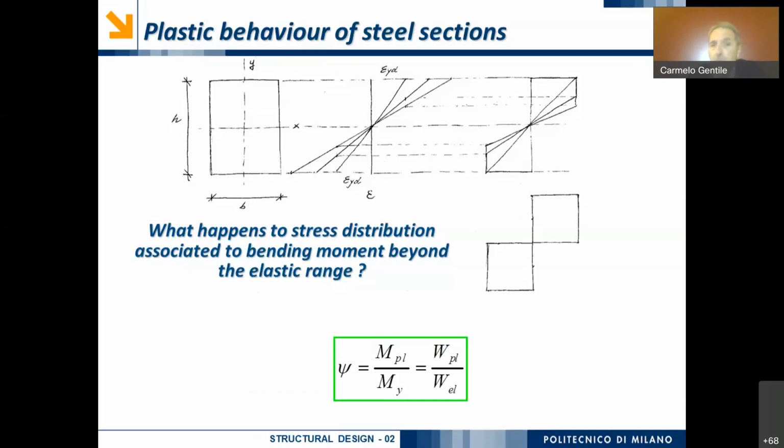Of course, we can obtain a ratio between the fully plastic moment and the yielding bending moment. We can observe that this ratio is exactly equal to the ratio between WPL and WL. So it depends basically only again on the geometry of the cross-section. And in the case of a rectangular cross-section, we can observe that this value is quite high.